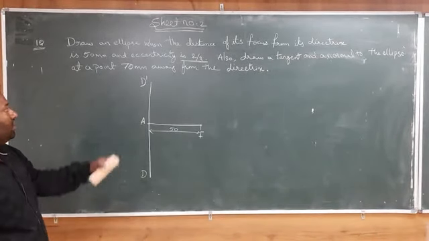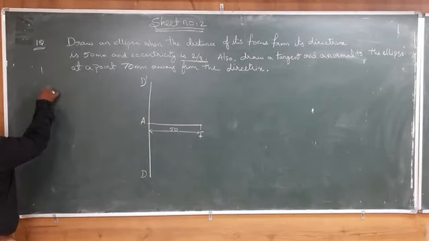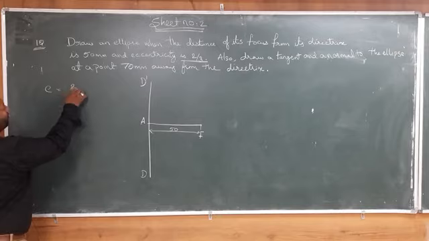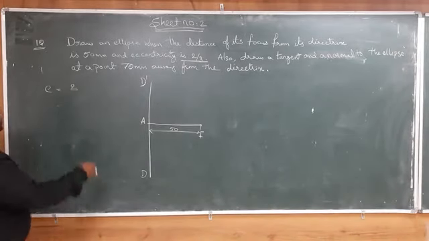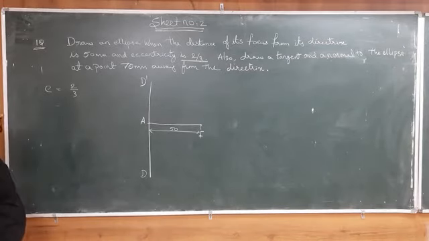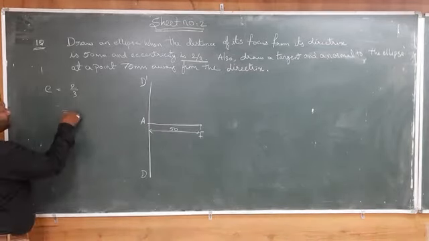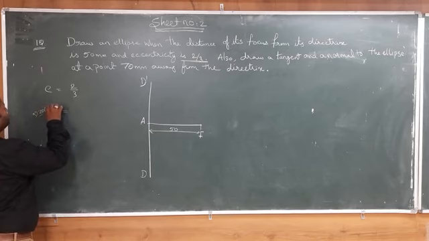Now, in this problem, we have taken the eccentricity as 2 by 3. We will calculate the value of eccentricity. If we divide 2 by 3, we get approximately 0.66.